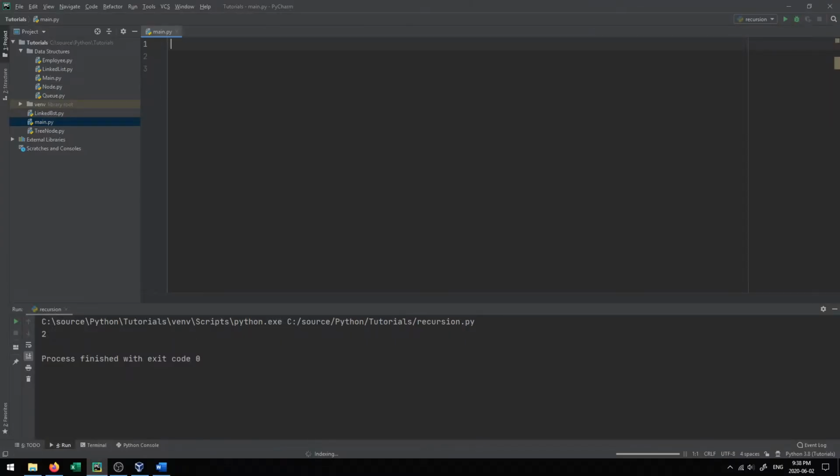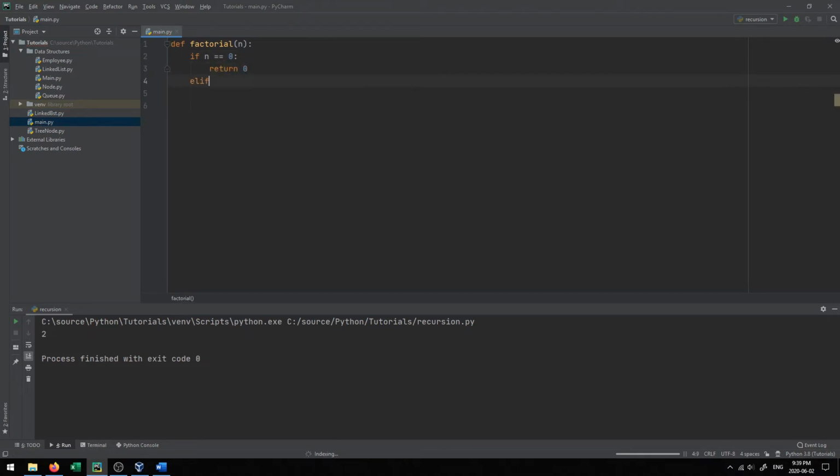I'm going to start off by defining the factorial function. So we'll call it def factorial. And the factorial function will take in a value n. And what we're going to do is just walk through each of the pieces of the function. So for instance, if n is equal to 0, then the function's value is going to be 0.